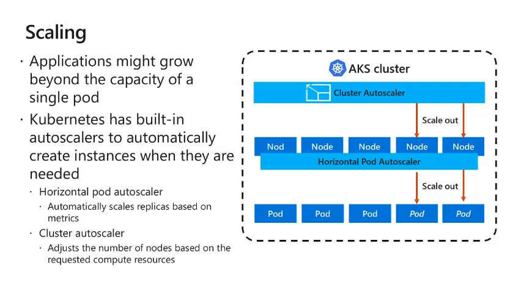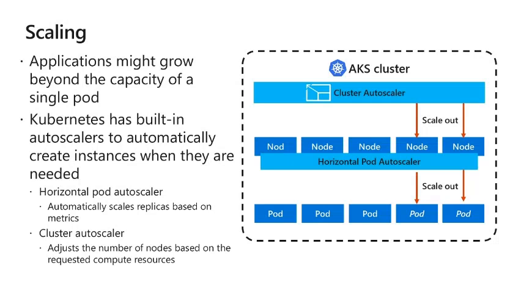You also might need to quickly provision a large number of additional application instances. So there are two types of auto scaling: horizontal pod autoscaler, and cluster autoscaler.